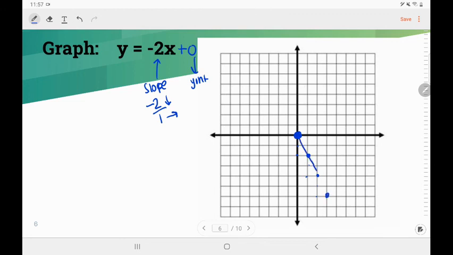And my pattern can be continued forever in that direction. Or I could go in reverse. I would want to extend my line this way, so up 2 and over 1, up 2 and over 1. And that is graphing from slope-intercept form.